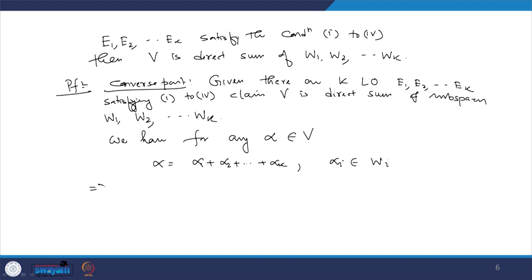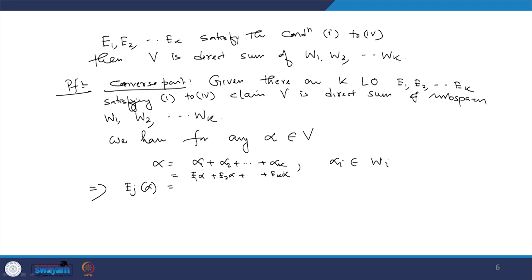So, this implies if I apply the projection operator Ej on alpha, what am I getting? Alpha is equal to E1 alpha plus E2 alpha plus Ek alpha.